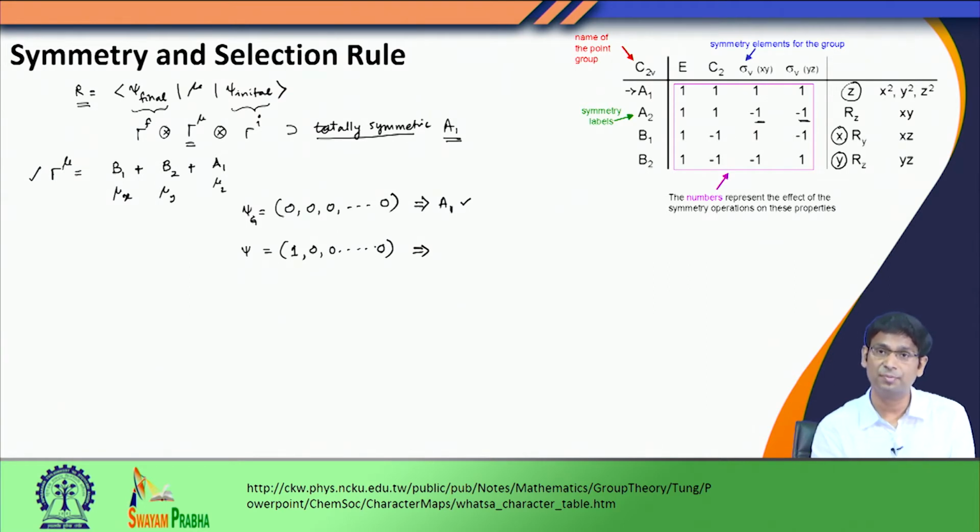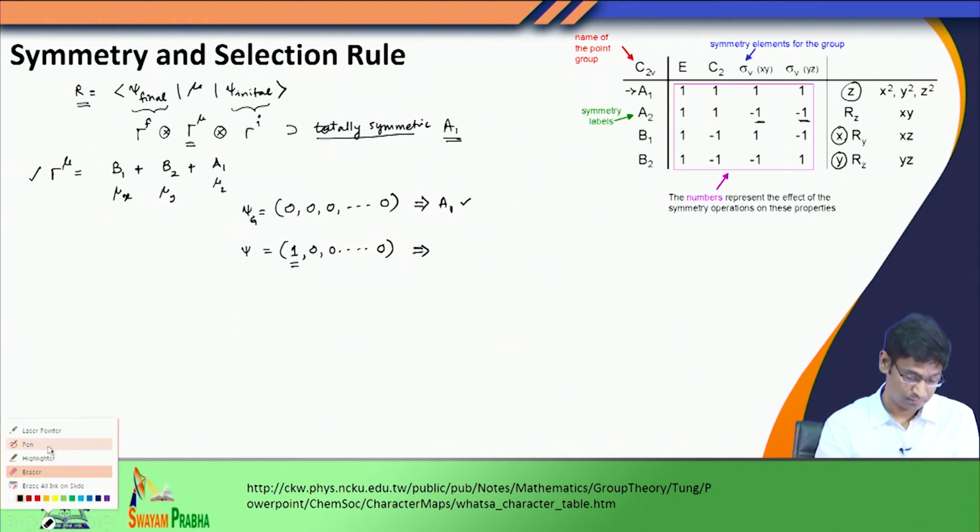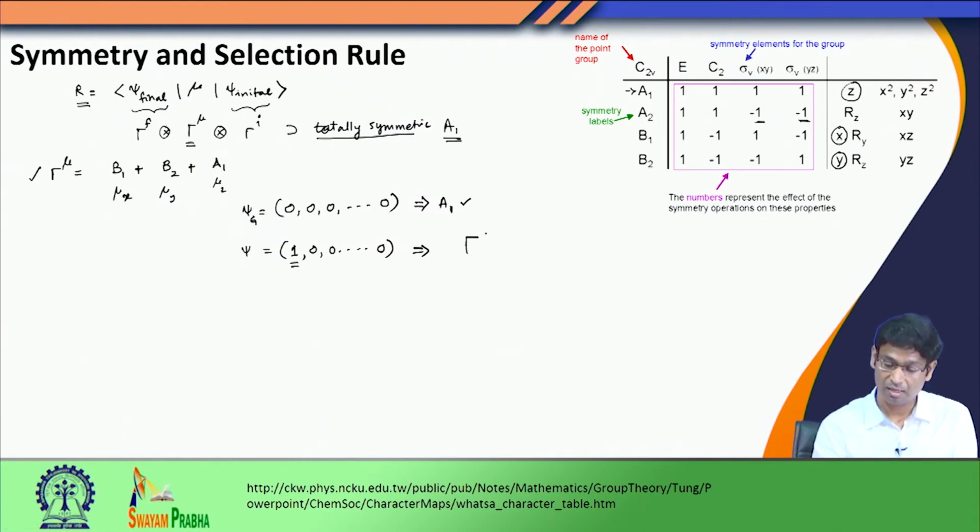So, each of them contributes A1 to it. Only along Q1 I see one excitation. So, the symmetry of this state will be gamma of Q1. Whatever the symmetry of the Q1 mode is, that will be the symmetry.